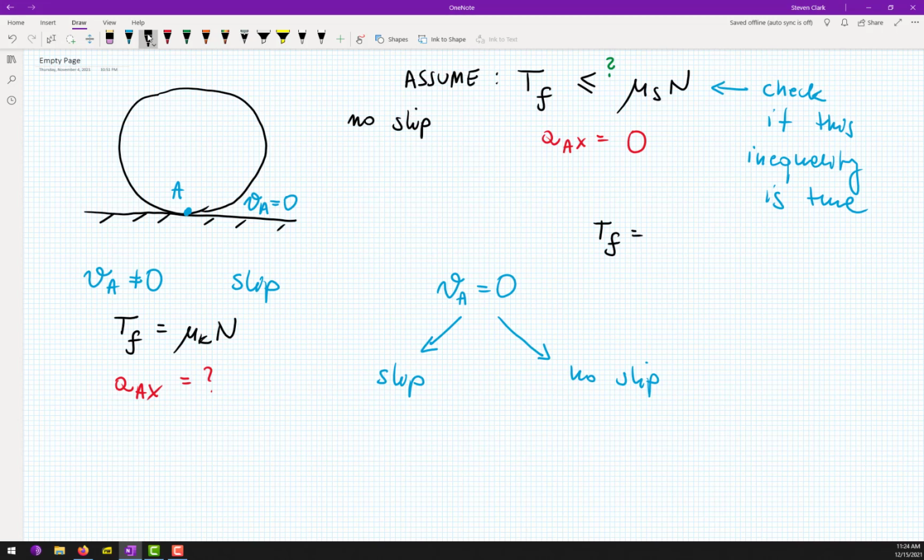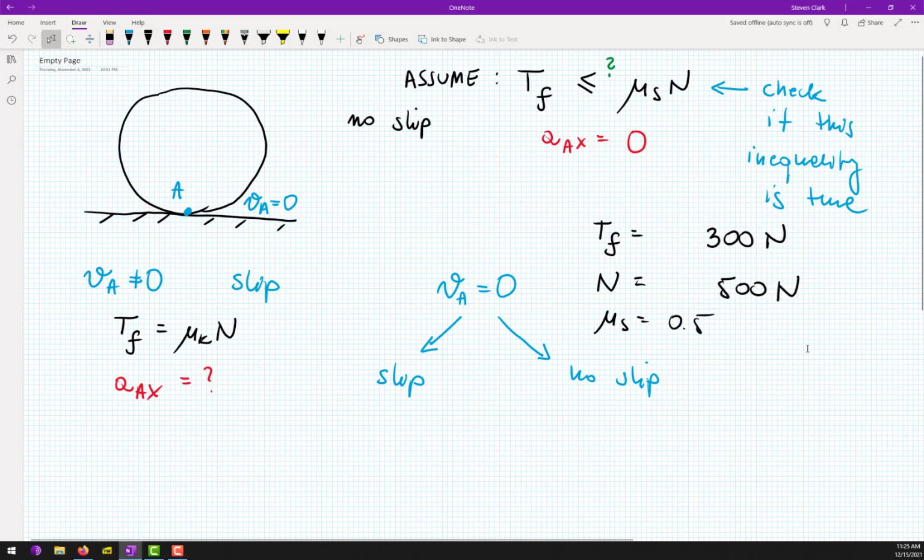Of course, after you draw FBD, KD, equations of motion, you will end up with some set of equations, and then based on those equations you will have to find TF and N. TF will be, let's say, 300 newtons, and N will be 500 newtons, and mu S is 0.5.